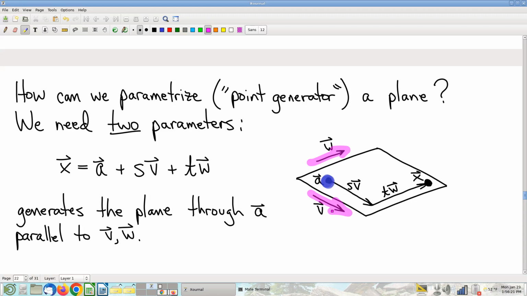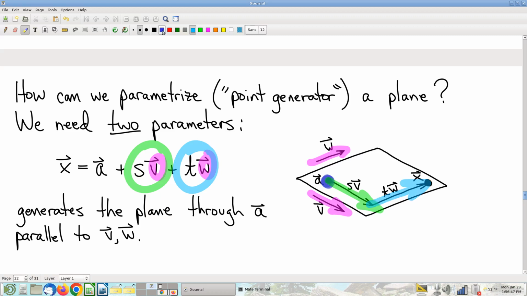But the big idea is that if I scale v by some amount, that allows me to move parallel to the plane an arbitrary amount in that direction. And if I scale w, that allows me to move in the w direction by an arbitrary amount.